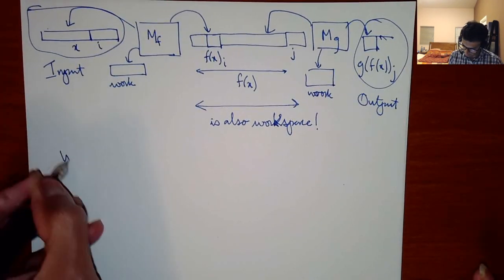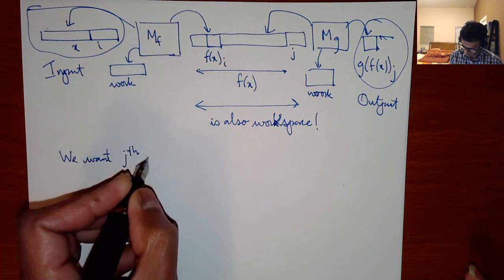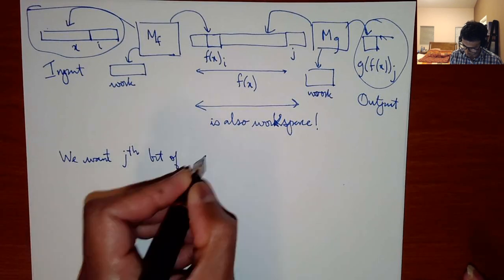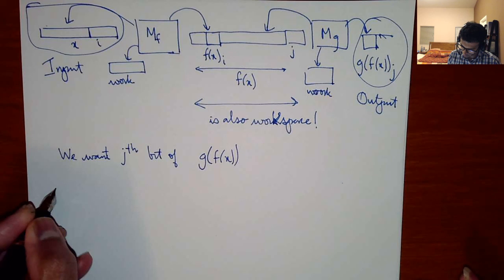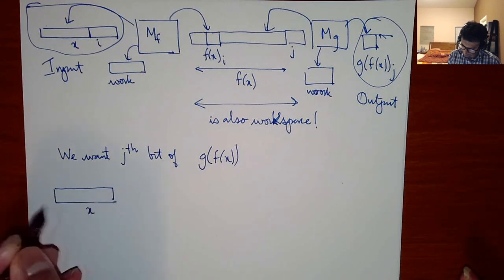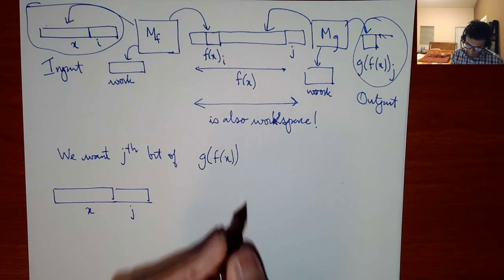So we want the jth bit of g of f of x. What is the input going to be? The input is going to be x and then j. Okay, so now what? Here's MG.